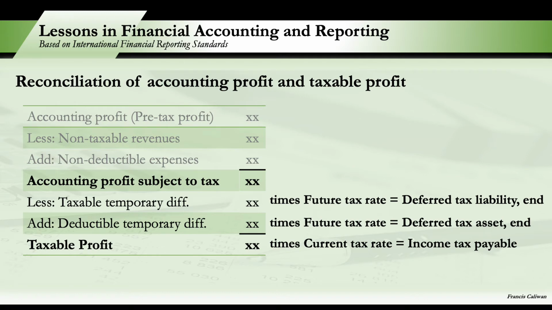Meaning these are the amounts that will be presented in the statement of financial position, and these amounts will not be offset. So deferred tax liability is reported separately as non-current liability, and deferred tax asset is reported separately as non-current asset. Whereas income tax payable, as always, is reported as current liability.